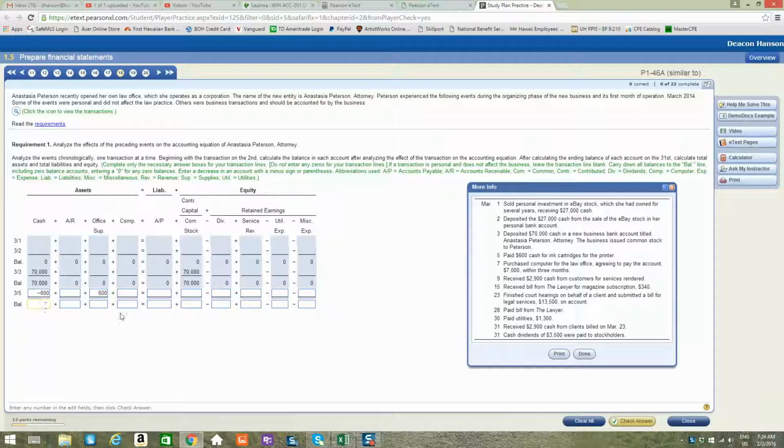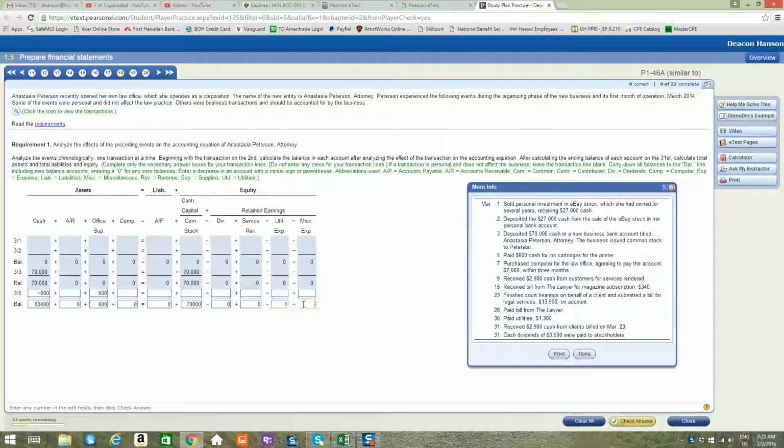So what are we left with? 69,400. And we've got 0, we've got 600, 0 for computer, 0 for accounts payable. Still have 70,000. Okay. 0, 0, 0, 0.